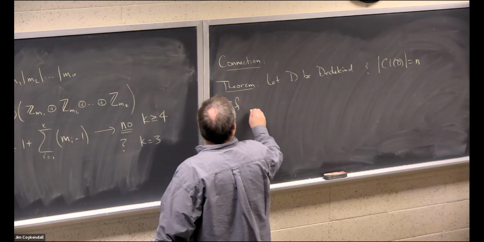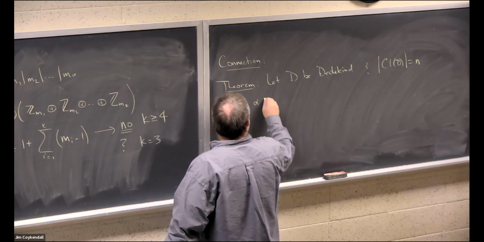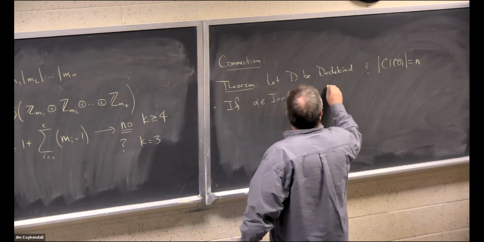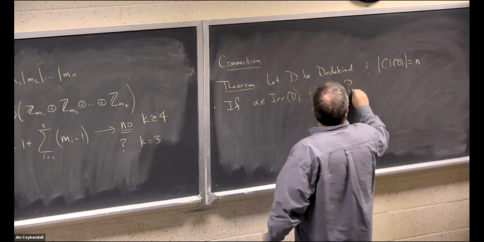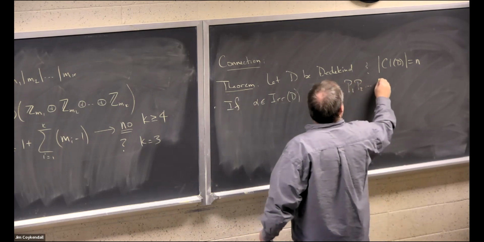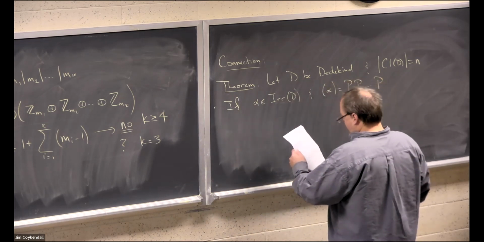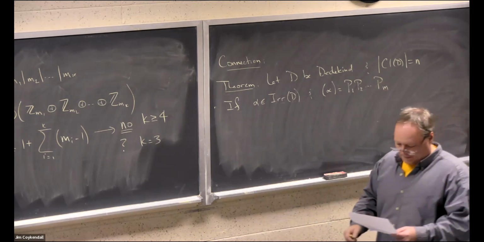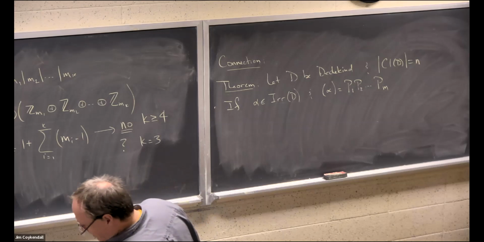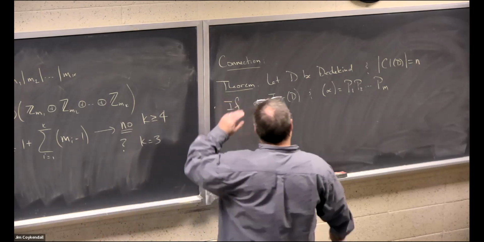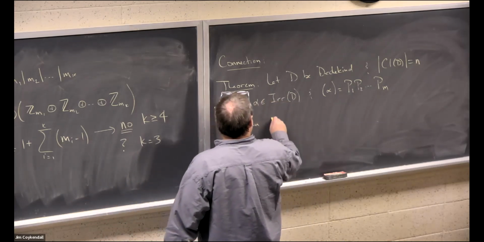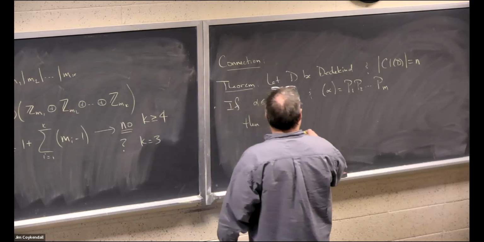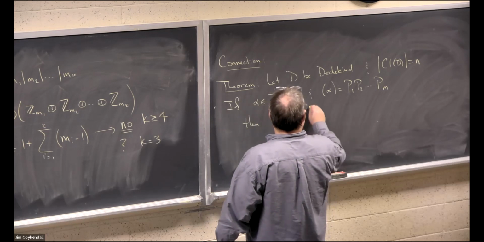If alpha is an irreducible element of D, and the ideal generated by alpha is P1, P2, ..., Pm, then m is less than or equal to the Davenport constant.